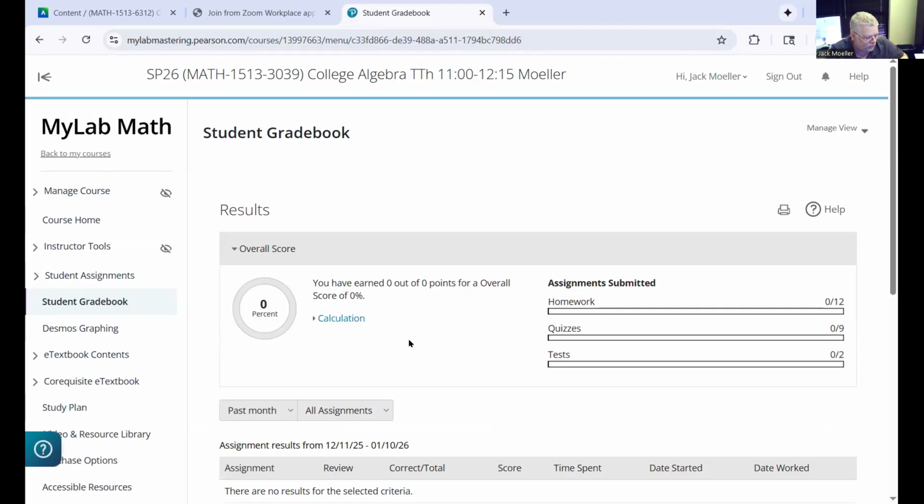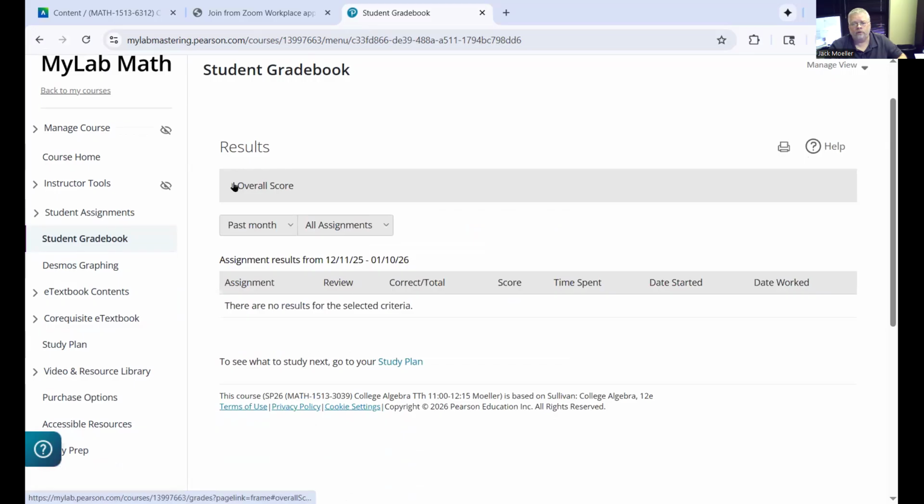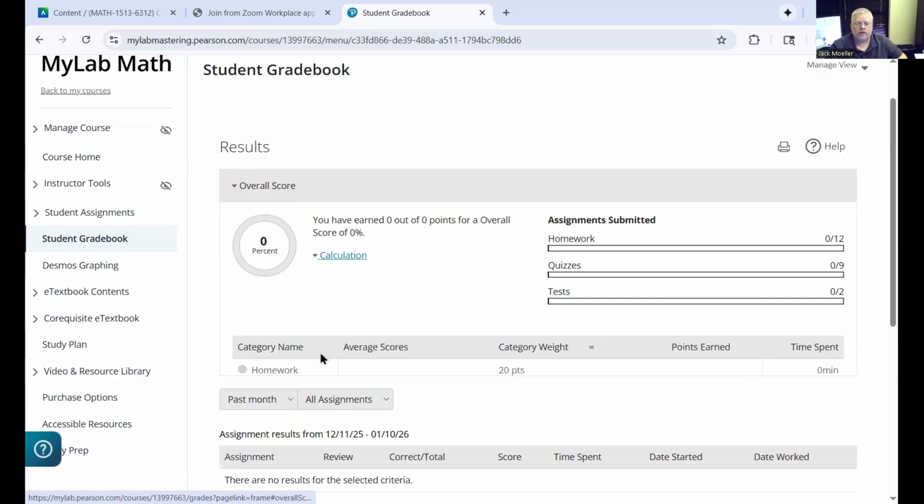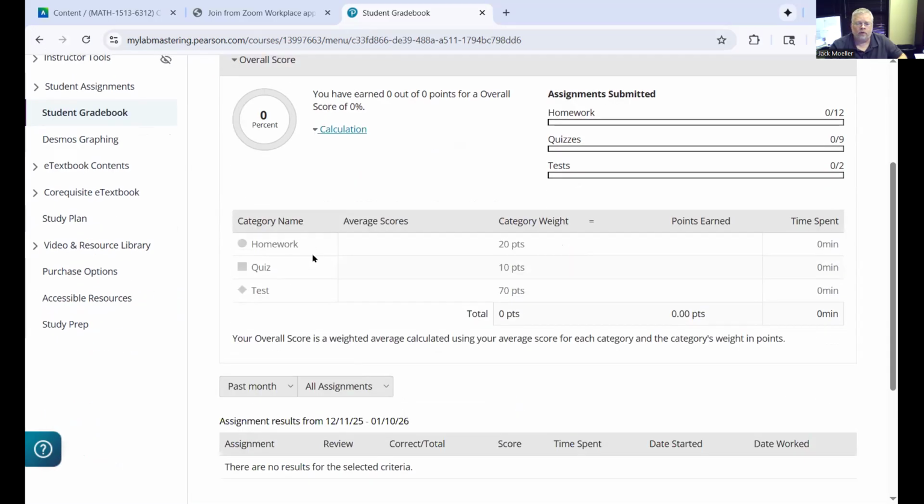I do have your gradebook set up in Blackboard, but honestly, I don't always trust that it updates everything correctly. So if there's ever a mismatch between your grade in Blackboard and MyMathLab, trust MyMathLab. If you don't see your overall score when you first click on that arrow, then you'll see your percent. One thing I love about this is you can do a calculation, and it gives you your grade by homework, quiz, and test.